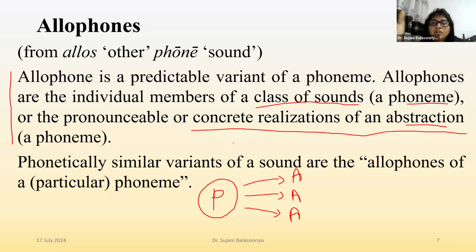When I put B in the initial position of a word, like bat, and I strongly pronounce it, that pronunciation of B is different from the pronunciation of B in the middle of a word, like bubble.